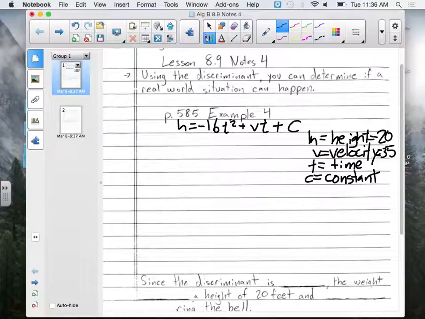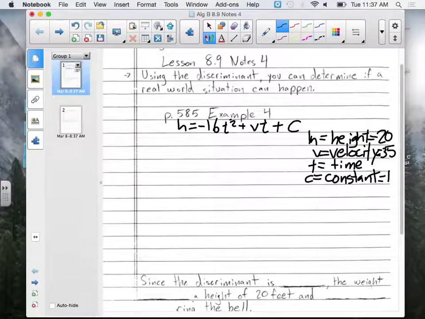We're just asked to use the discriminant, so I'll get back to that. So C is our constant. What do you think the constant would be? 1. Why? Because it goes up one way.